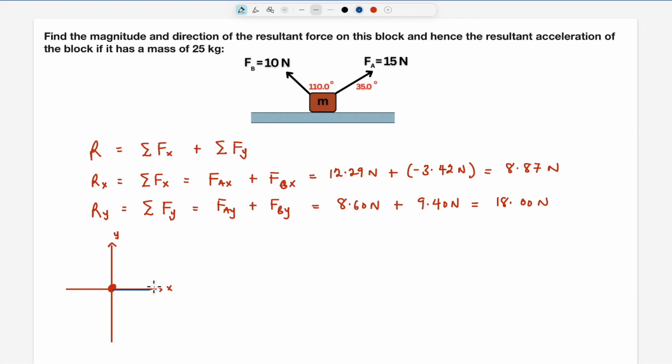So let's say this is 8.87 newtons. That is our Rx. And then our Ry is going to be along the y direction, which is 18.00 newtons. Now we can see that the resultant is going to lie more toward the y axis, because that is a larger force.